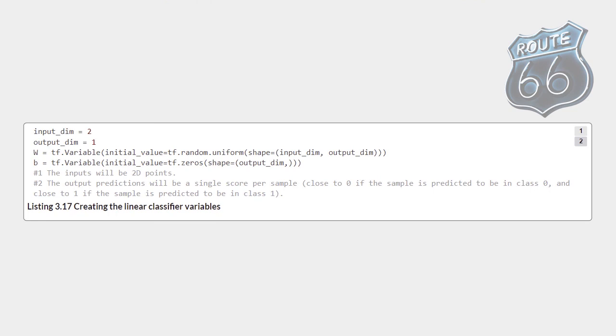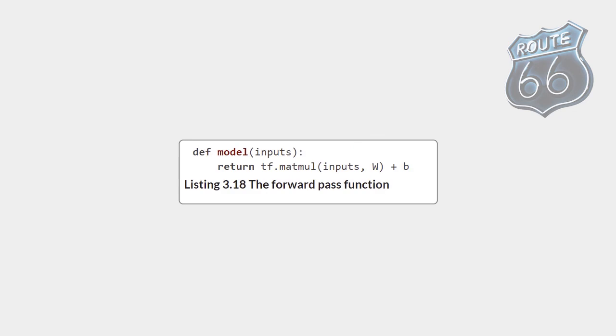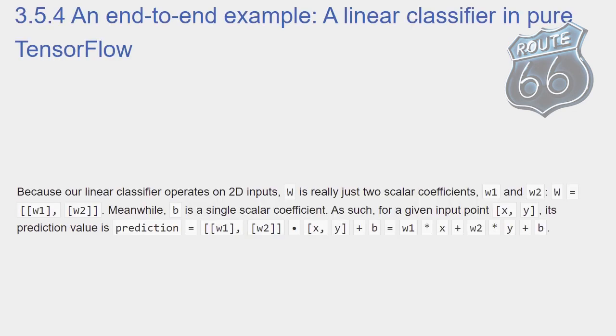Let's create our variables, W and b, initialized with random values and with zeros, respectively. Here's our forward pass function. Because our linear classifier operates on 2D points, W is really just two scalar coefficients, w1 and w2: W = [[w1], [w2]].